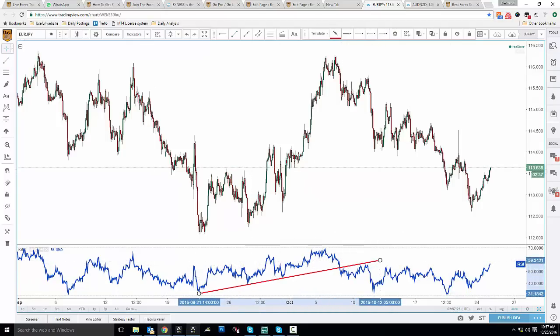Every time price reaches here, there's a bounce. Price reaches here, there's a bounce. Price reaches here, there's a bounce. So this to us is a hidden diagonal support level.